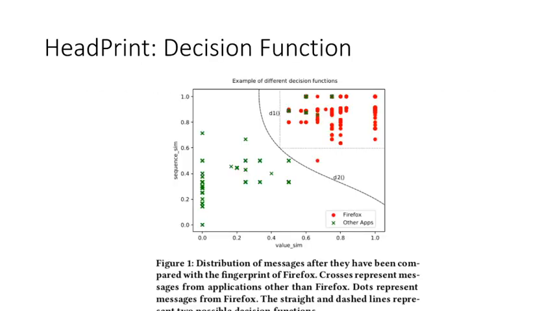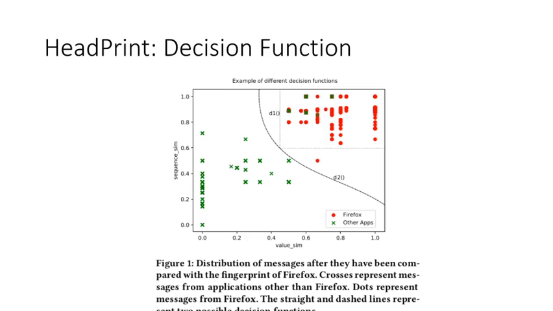Once we have obtained both scores, we give them to a decision function. The decision function will decide whether these scores are a match or not. In these pictures, you can see an example. This is a fingerprint for Firefox, and on the y-axis we have the sequence similarity score and the value similarity score on the x-axis.